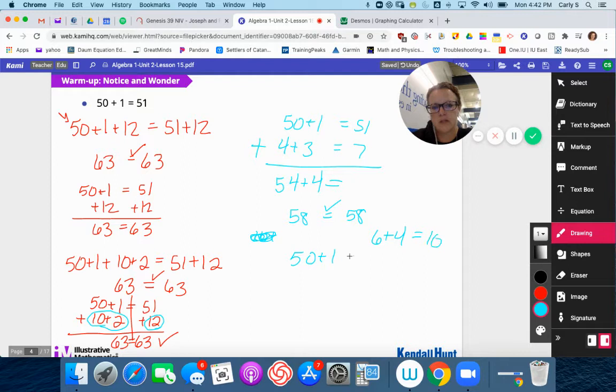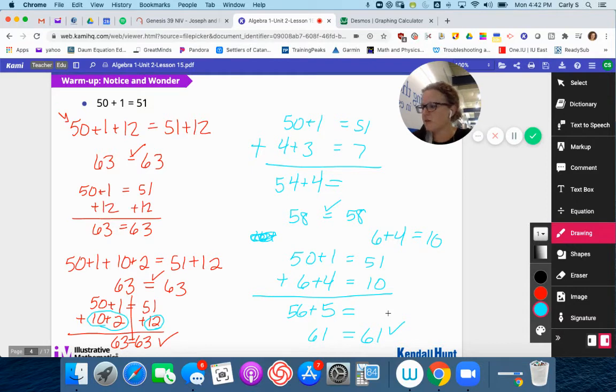So that's an equation. So I'm doing plus 6 plus 4 equals 10. 56 plus 5 is 61 equals 61. Okay, that does work.